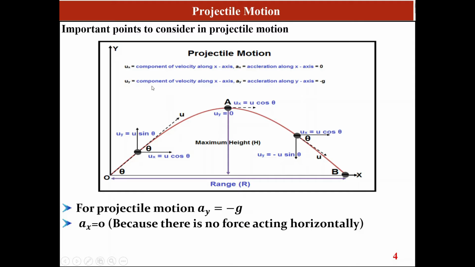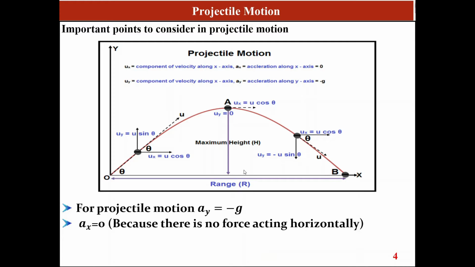When you release a ball downward, it accelerates, but in the upward direction it is deceleration. That's why we represent it by a minus sign, minus 9.8 meters per second squared, or sometimes minus 10 meters per second squared. Since the horizontal velocity is constant, ax is equal to 0, because there is no force acting horizontally.